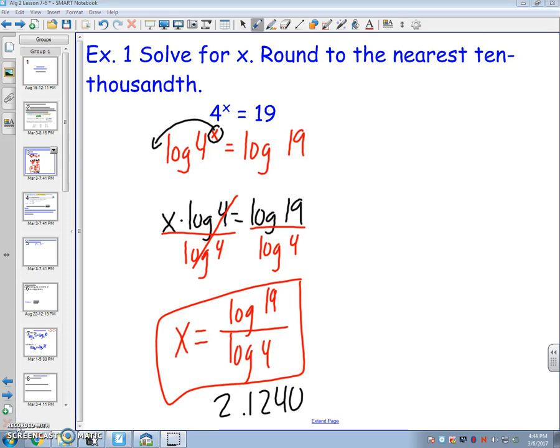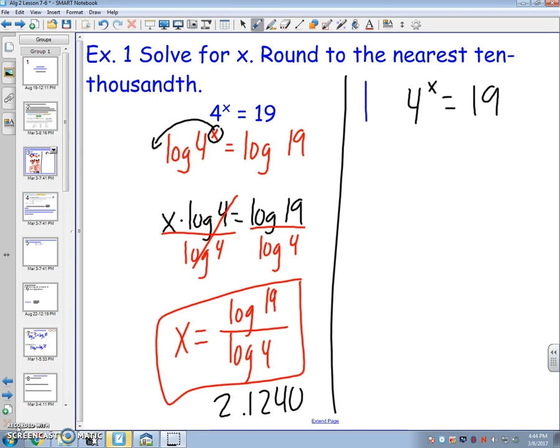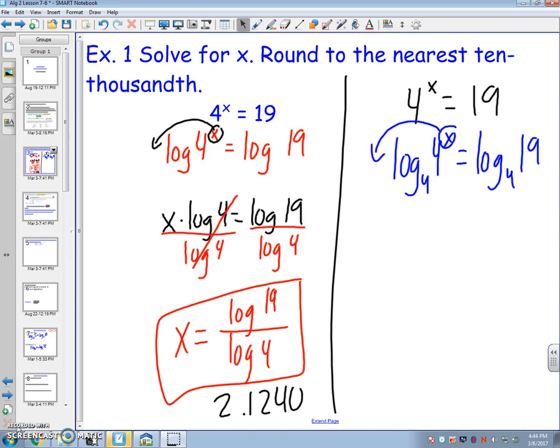Now, this is technically inefficient because I showed y'all the better way before. I take the smart log of the base. So I'm going to log base 4 on both sides. Remember, when you have log of a base with the same number, it cancels out to 1.